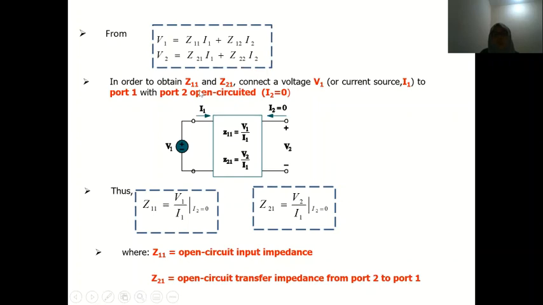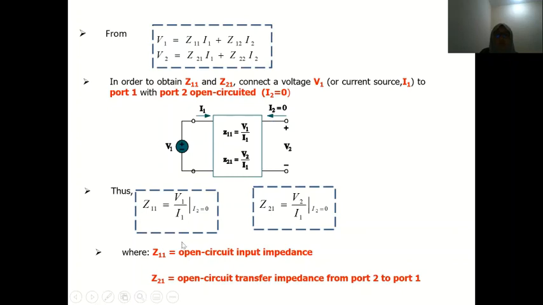We can obtain Z11 and Z21 by connecting a voltage source V1 or a current source I1 to port 1 and open-circuiting port 2. If you open circuit port 2, you open the output terminal, which means I2 becomes 0.